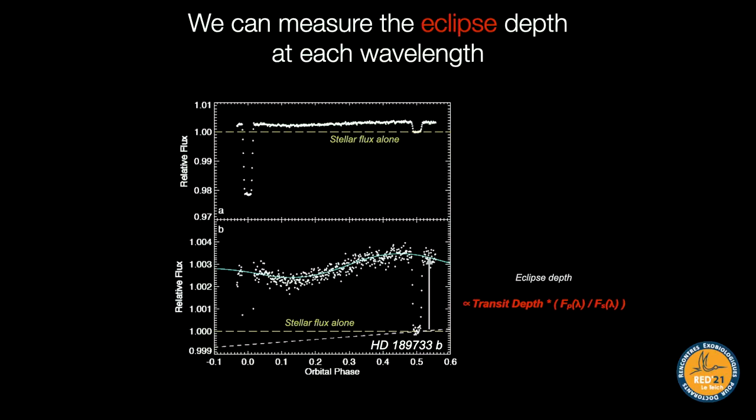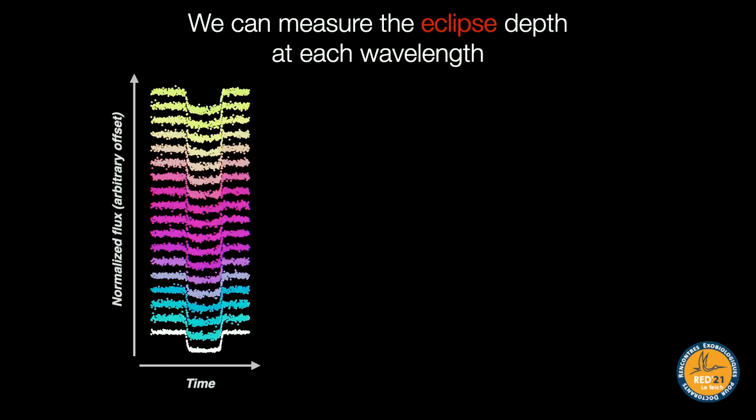So what we're going to do is just look at the eclipse, so this small dip, and we're going to try to see how deep this dip is as a function of wavelength. And that's translated here. As you can see, you have several transits that are taken at the same time with an instrument, a spectrograph, that is able to look at it in different wavelengths.